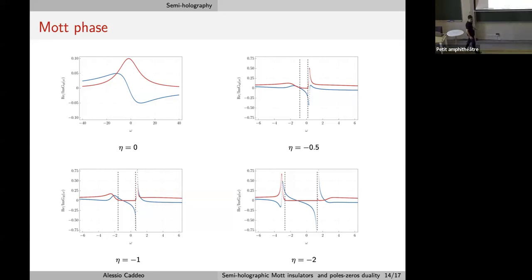I haven't said that the red curve is the imaginary part, and the blue line is the real part. In my conventions, the imaginary part should be positive; usually people are used to the other sign. So the model is well behaved.